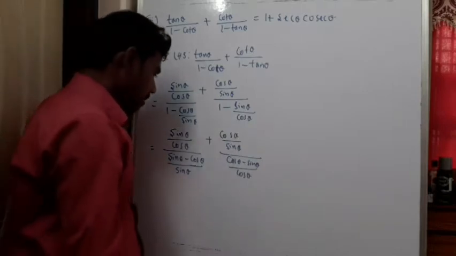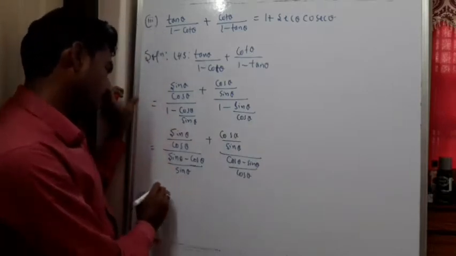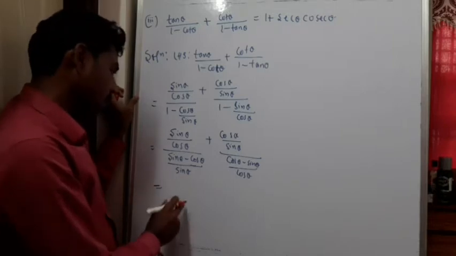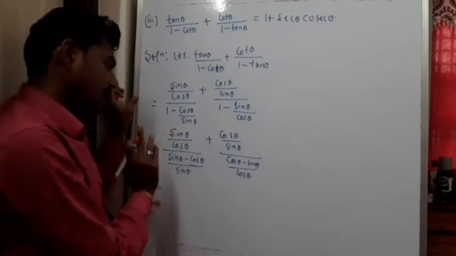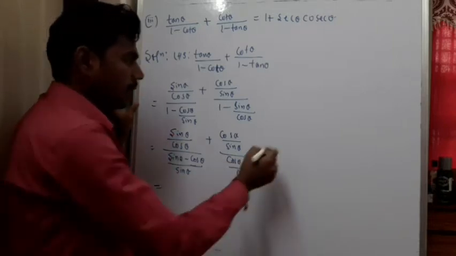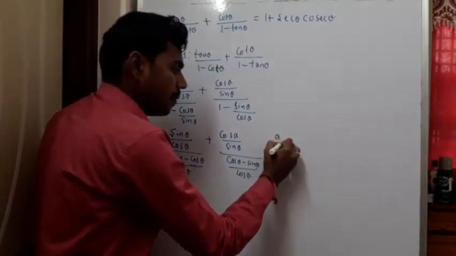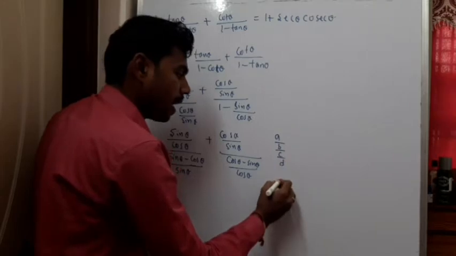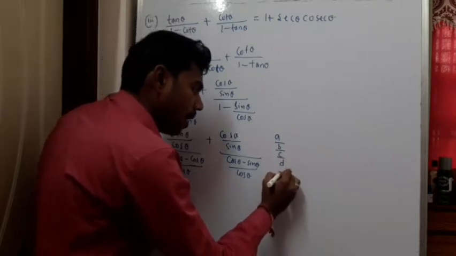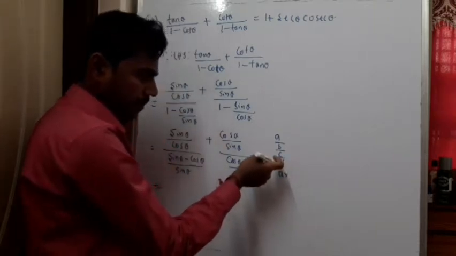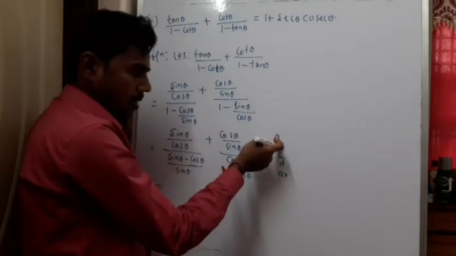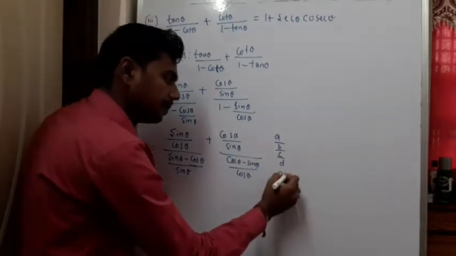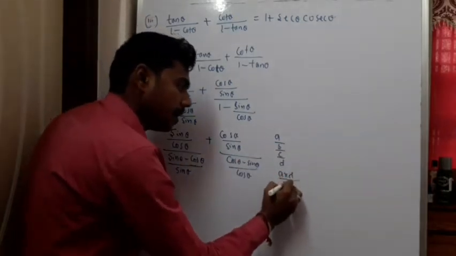Next, see what we need to do. So sin theta by cos theta is there. Say if it is a by b divided by c by d, what are we going to write? A into d divided by b into c.